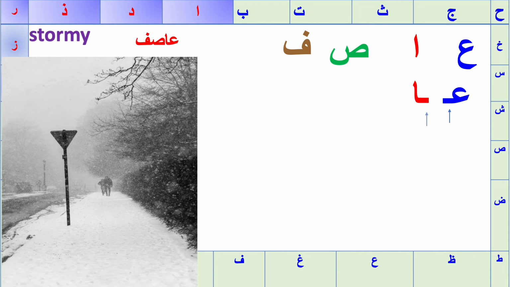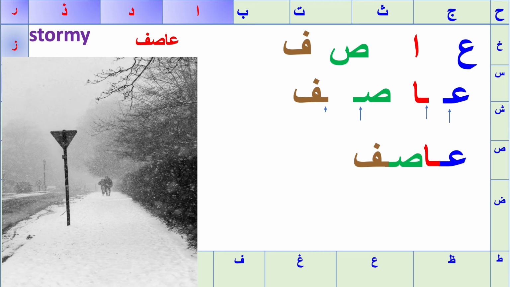A. Then the Saad, which looks like the initial shape, but it is used for the medial shape as well. As. Then the final letter Fa will connect with the Saad. Asif. The final written form will be like the following. Asif.